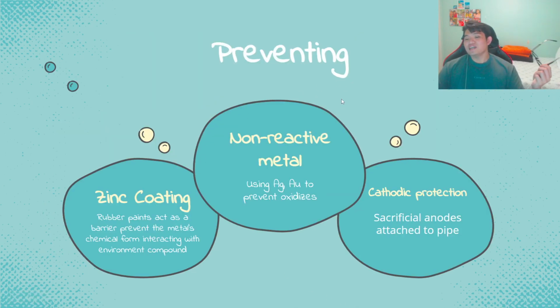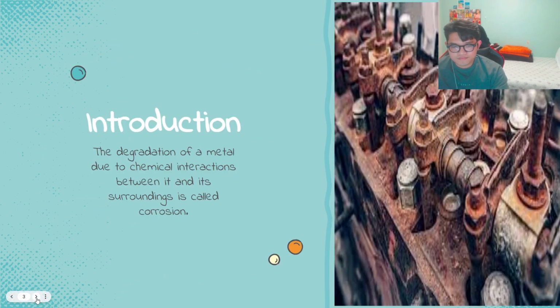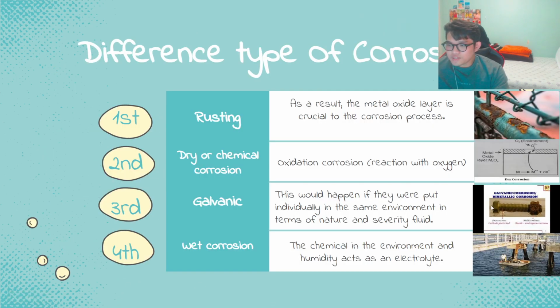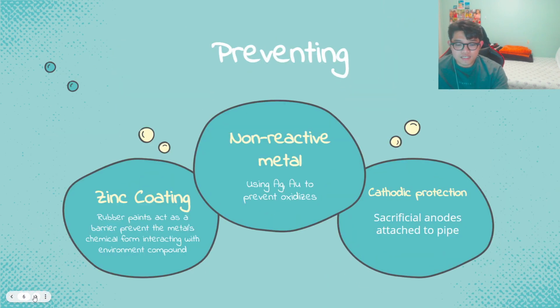And lastly, we talk about prevention. There are a couple of prevention ways in the video to talk about. Zinc coating, which is a group of paints that act like a barrier, preventing the metal from interacting with the environment's compounds. It's a protective layer on the screw right here that prevents it from becoming rusty.